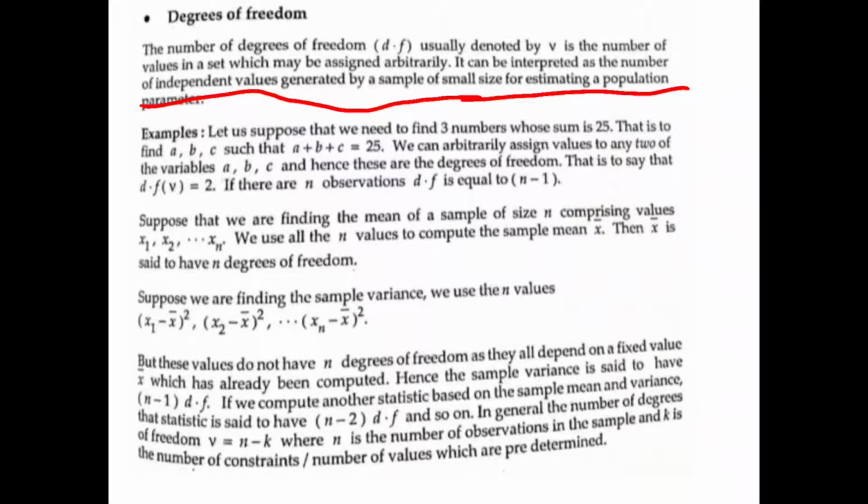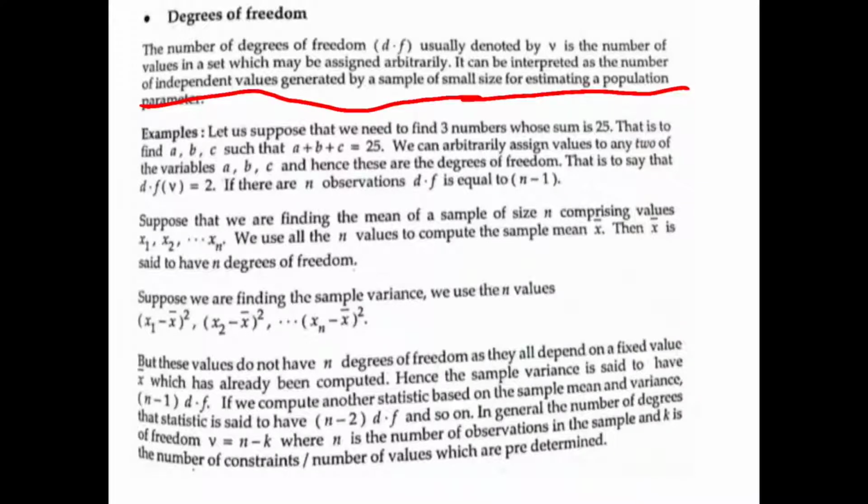For example, let us suppose that we need to find three numbers whose sum is 25, that is, to find A, B, C such that the sum of these three is 25.